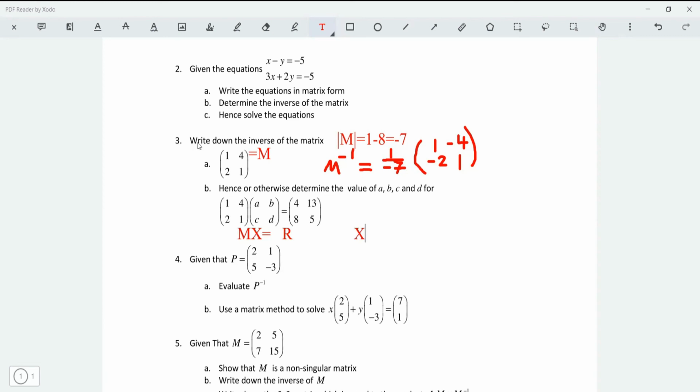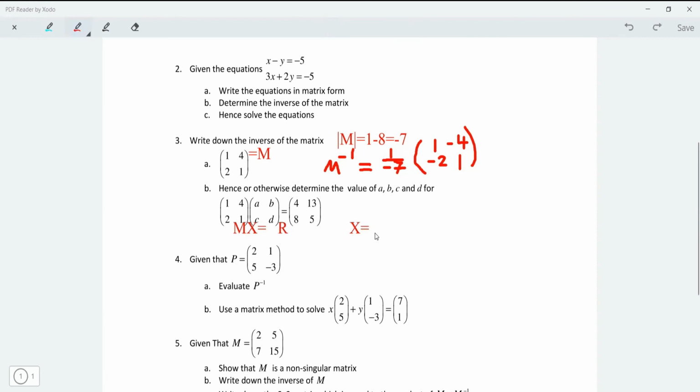X will be M inverse times R, the result. That's all we do. So this unknown matrix X is the same as M inverse times R.